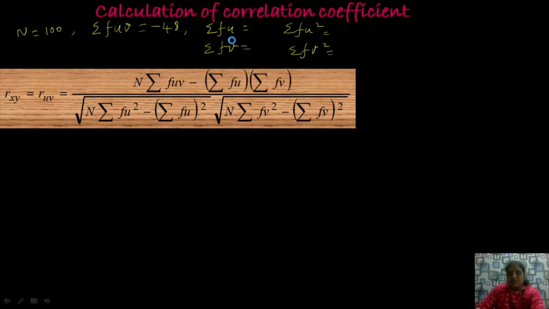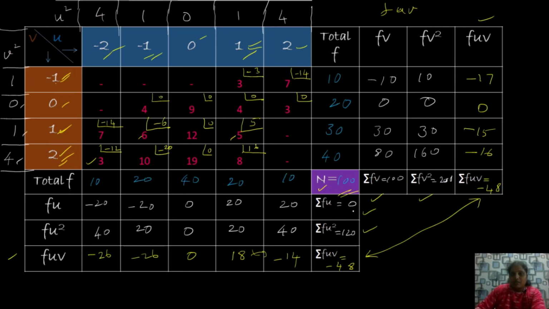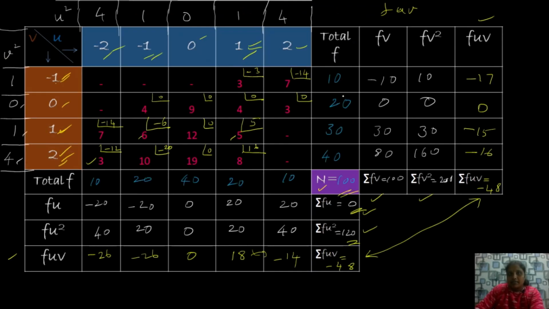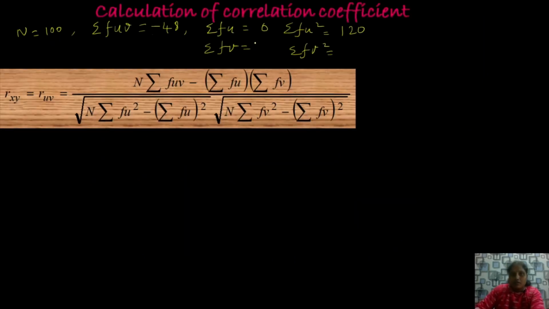Sigma fu is 0 and fu square is 120. Sigma fv is 100 and fv square is 200. So by making use of all these values, we calculate the correlation coefficient for a bivariate frequency distribution.